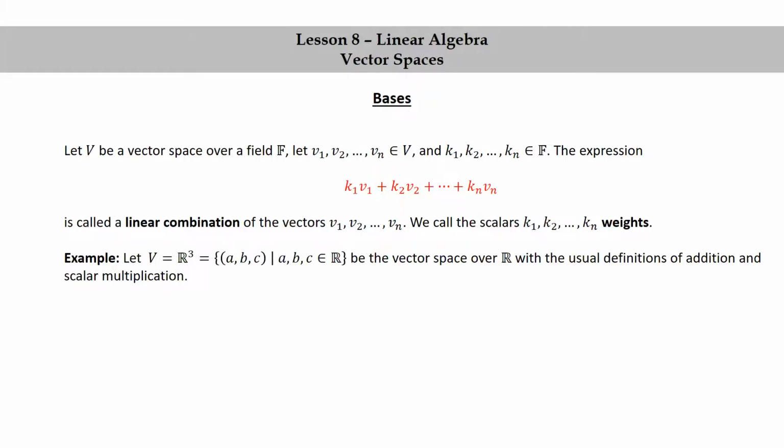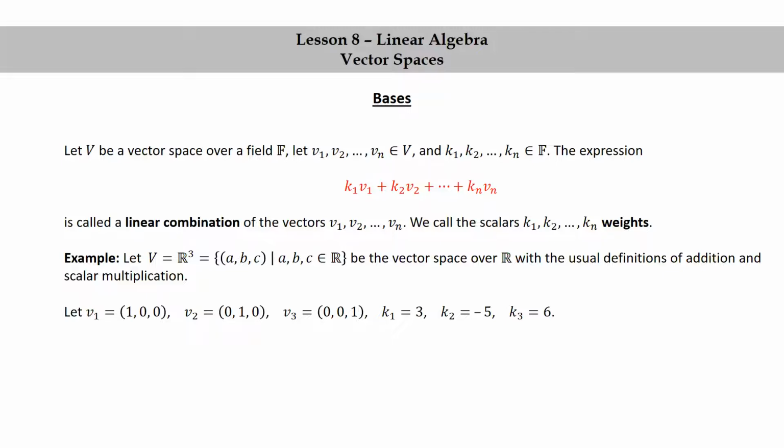Let V equal R3 be the set of ordered triples a, b, c such that a, b, and c are real numbers. Let that be the vector space over R with the usual definitions of addition and scalar multiplication. Let v1 be the vector 1, 0, 0, v2 the vector 0, 1, 0, and v3 the vector 0, 0, 1.